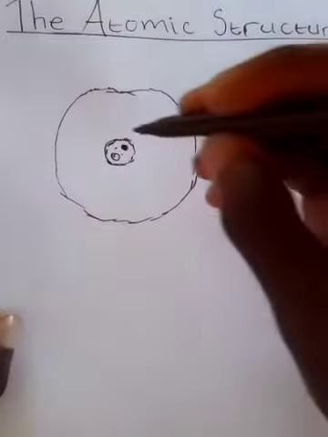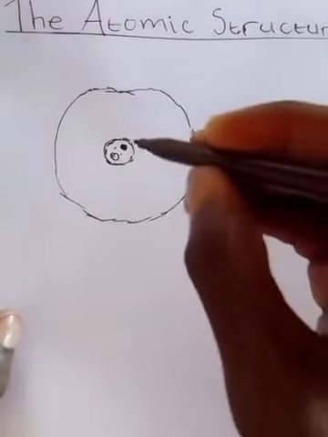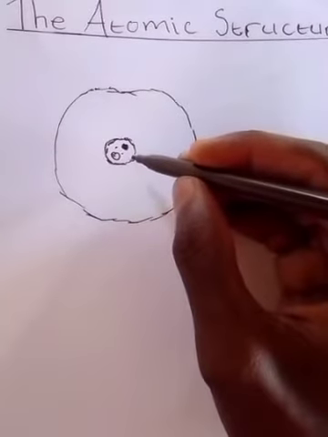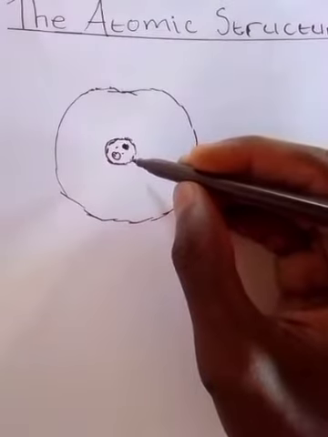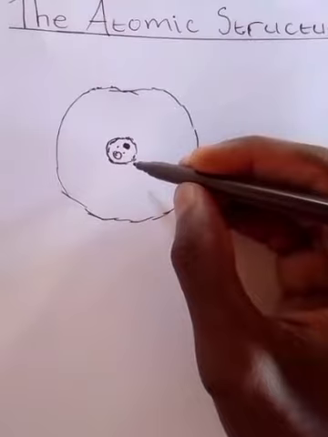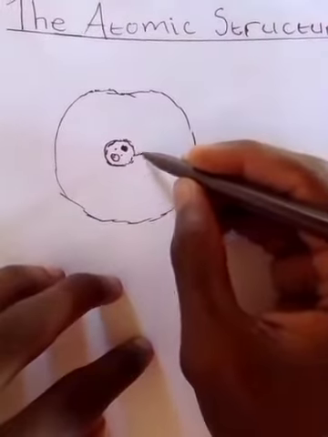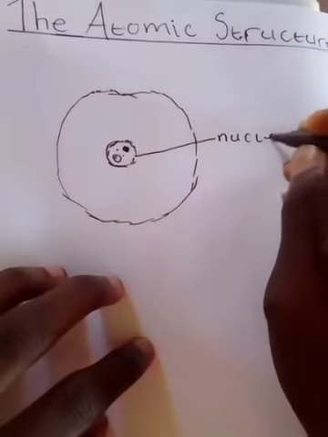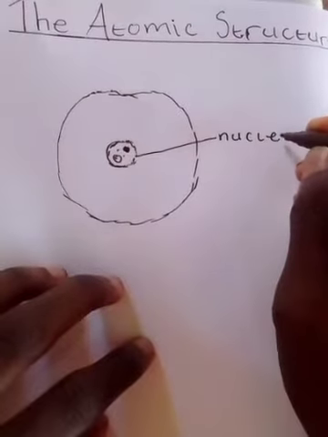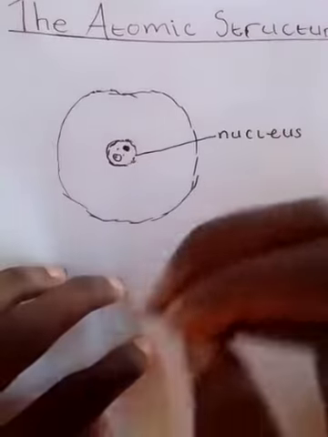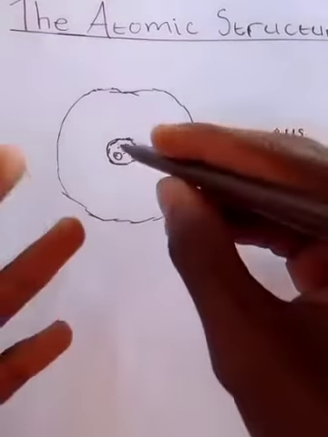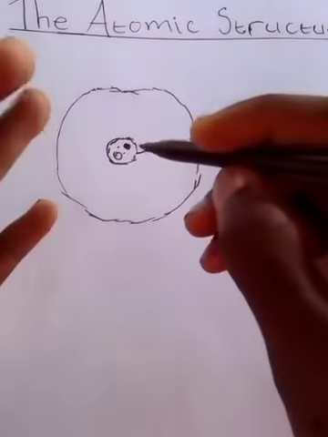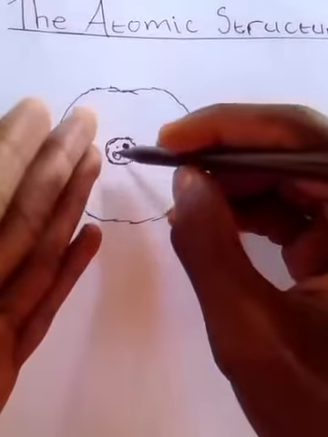So now here at the center, these particles are contained or wrapped in a structure called the nucleus. Okay, so this is called the nucleus, written like this. The nucleus is what contains or wraps these two types of particles that are found inside the atom.